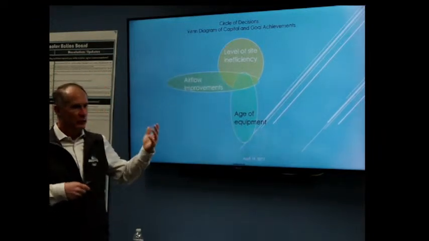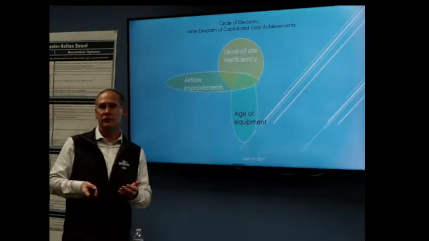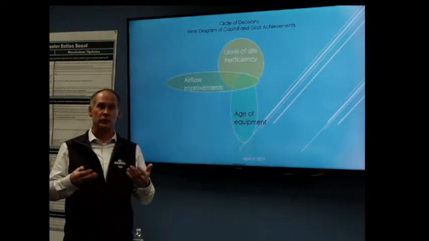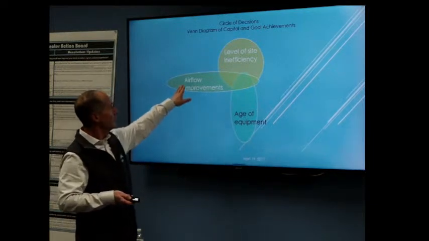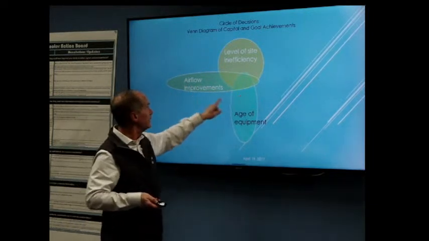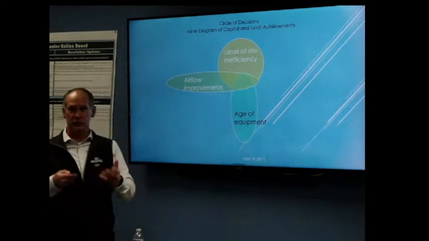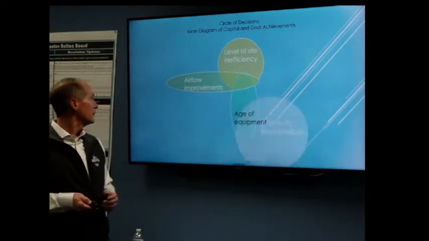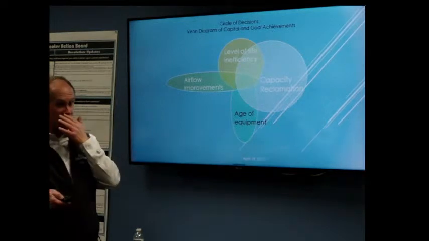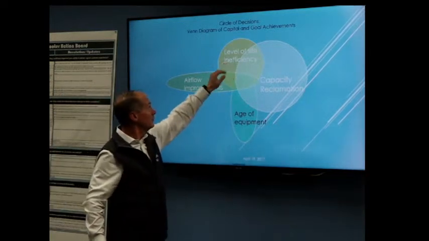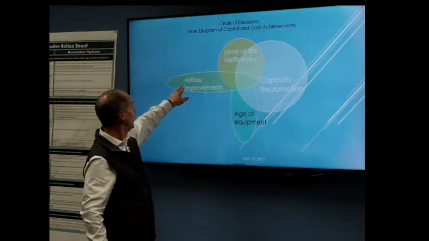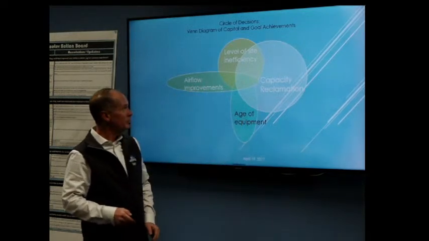Airflow improvements. We didn't really talk yet on airflow for air conditioning as a matter or driver of critical infrastructure, but airflow improvements really lend to this circle of decision that we're trying to walk ourselves towards. Capacity reclamation. Capacity reclamation ties hand in hand with level of site efficiency, age of equipment, and airflow improvement.